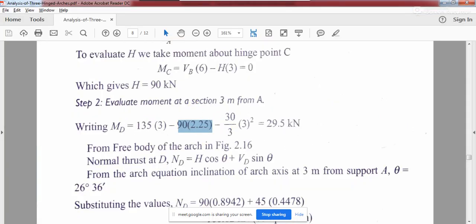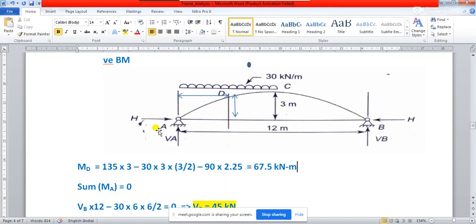Okay, so this is not correct. This calculation, they have done some wrong here, because you see 135 into 3 is your moment for this vertical force, then horizontal force moment is 90 into 2.25, absolutely correct, and this UDL is going to create moment of 30 into 3 into 3 by 2, because for this distance 3 meter, at half of this distance, 3 by 2, it will be acting and it will be creating moment.